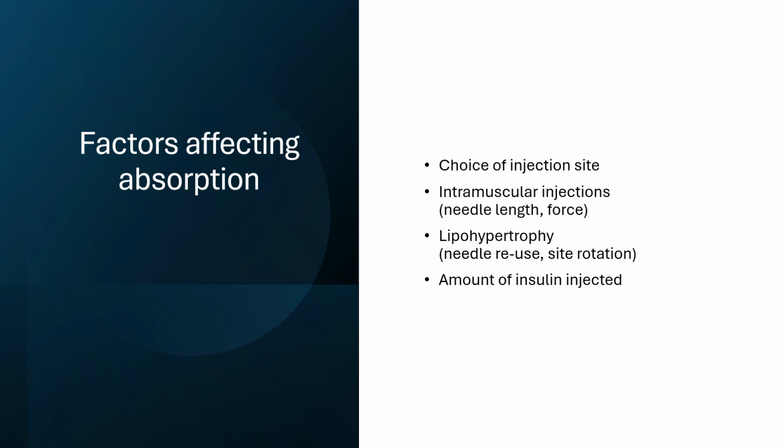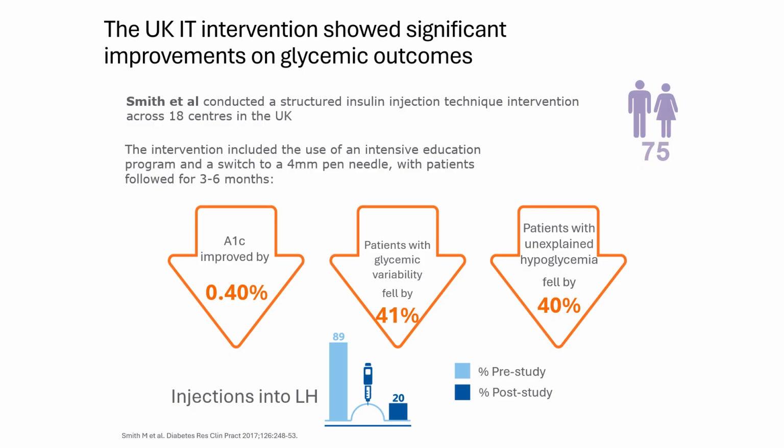Lipohypertrophy, or lumpy bumpies, is hard fibrous tissue that develops in response to reusing the same site over and over again, and we need to encourage site rotation. Another factor is the amount of insulin injected, so we'll review what is recommended for volume.